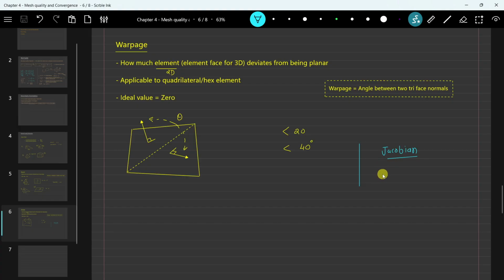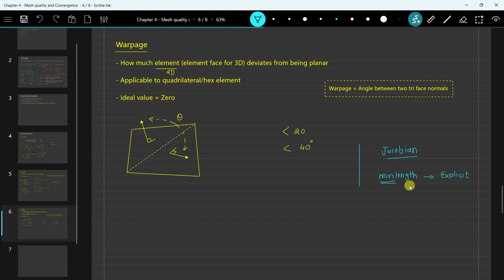Apart from that, there are many other quality parameters, but there is also minimum length. Out of all the elements, whichever element has the minimum length, that is the quality parameter. This is not so important in static or implicit analysis. It is very important in explicit analysis, because in explicit the stable time increment is determined from the minimum element length.